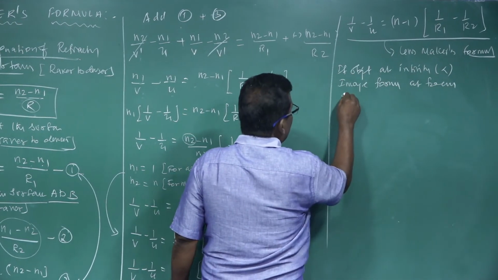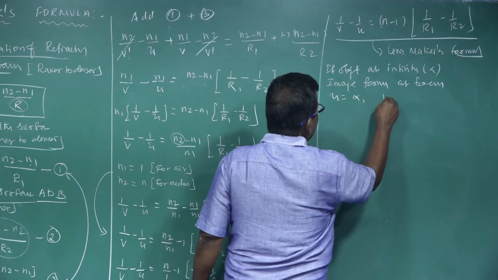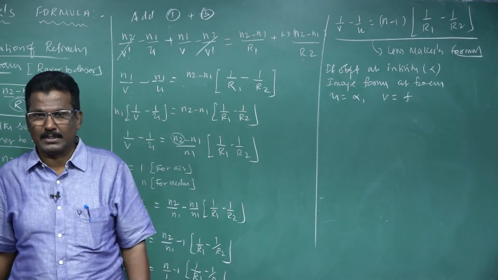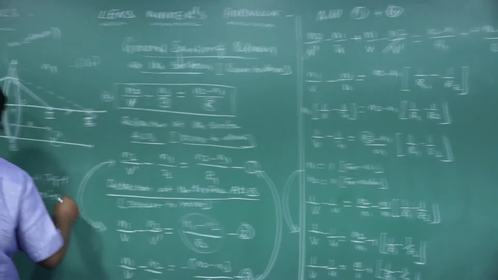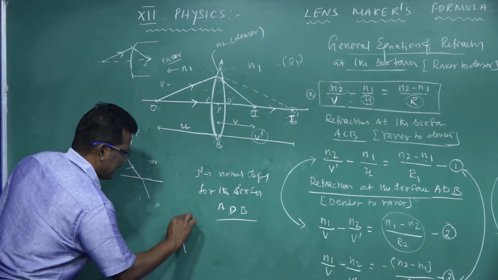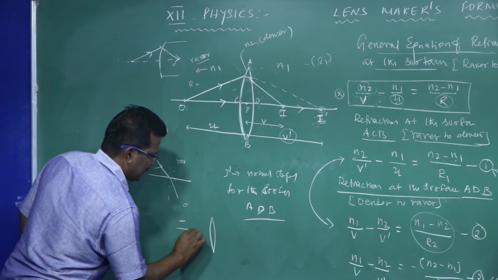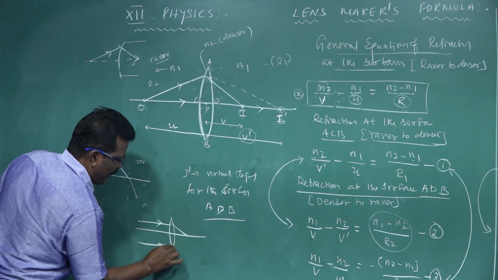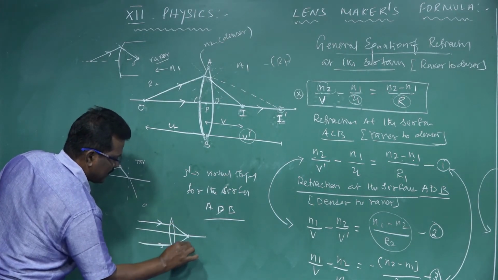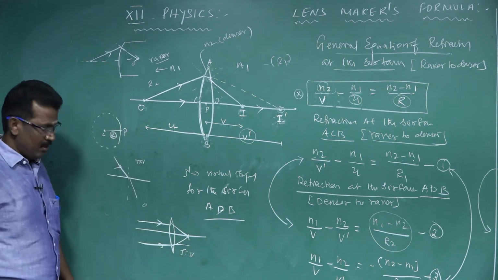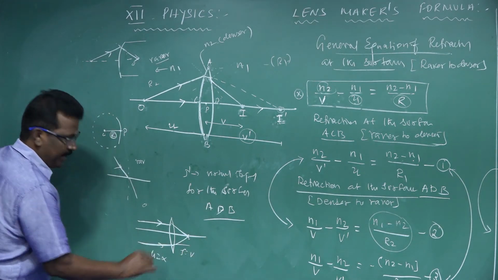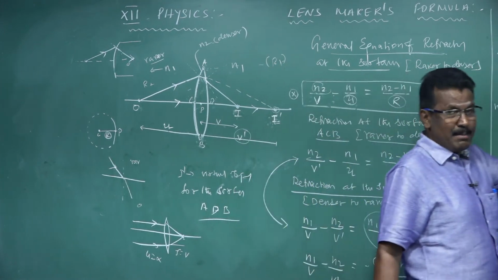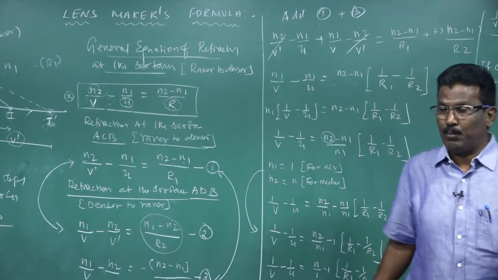That means u is equal to infinity, v is equal to f. Here is the lens and this is the principal axis. Light comes from the source, and the image is formed only at the focus. So if the object is at infinity, the image is formed at the focus.